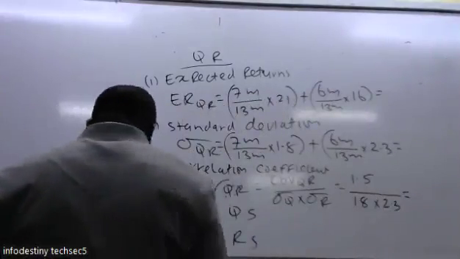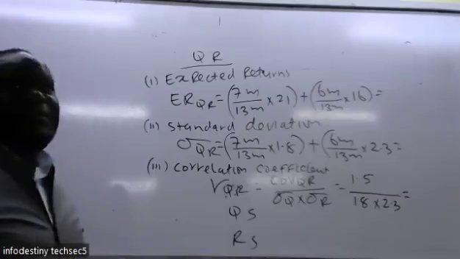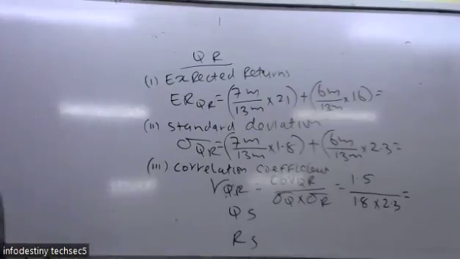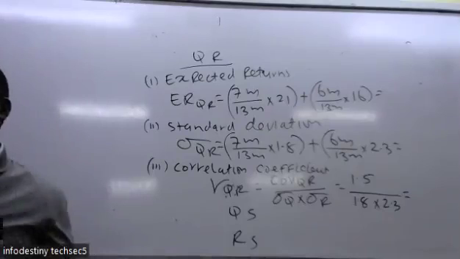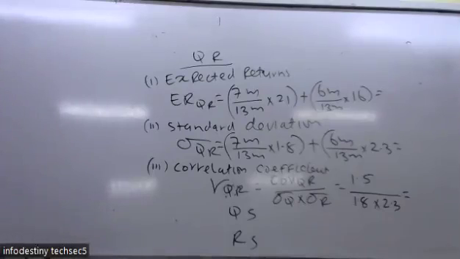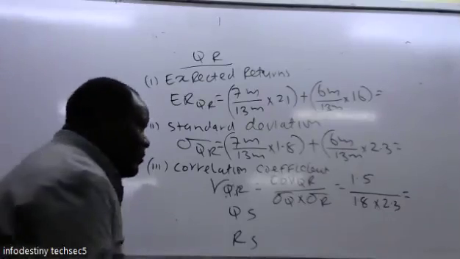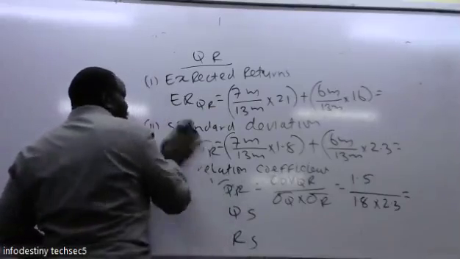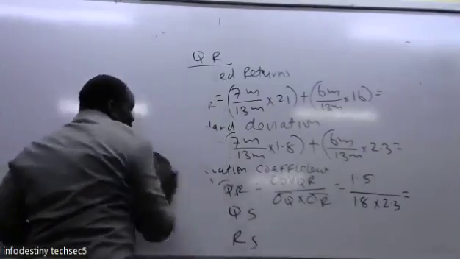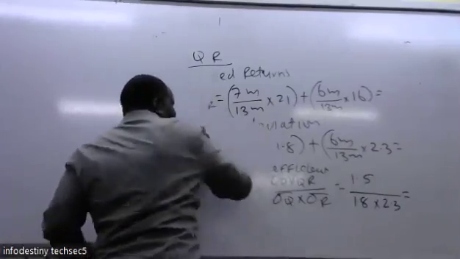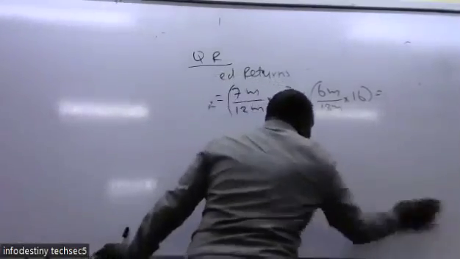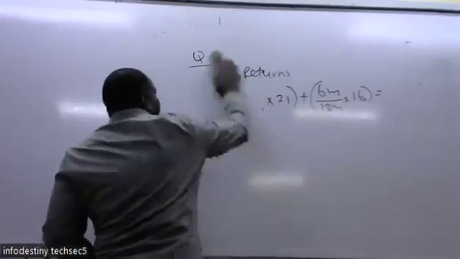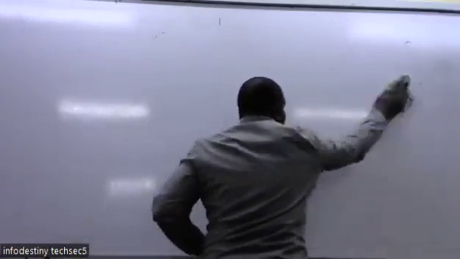So we should be ranking them. The one that will be having the lowest coefficient of variation will be the optimal project combination.